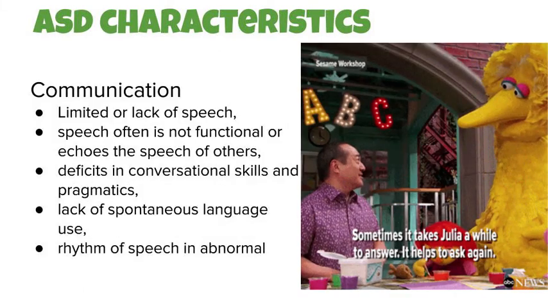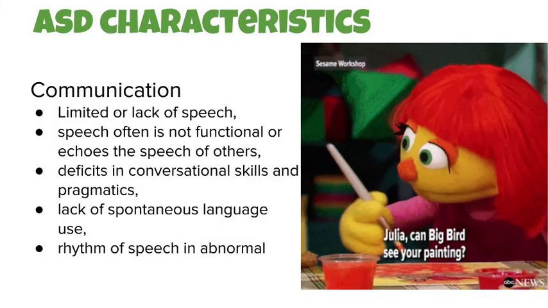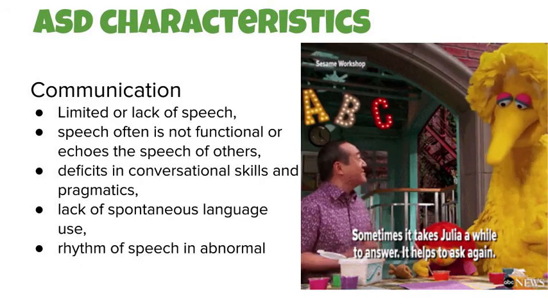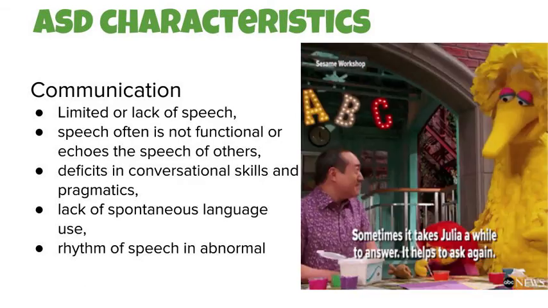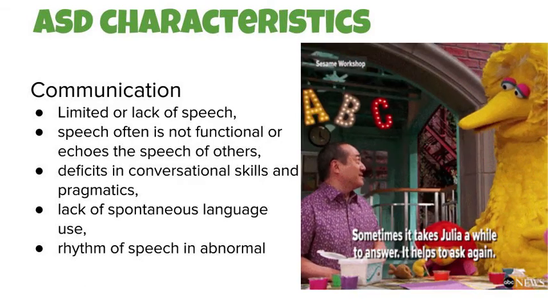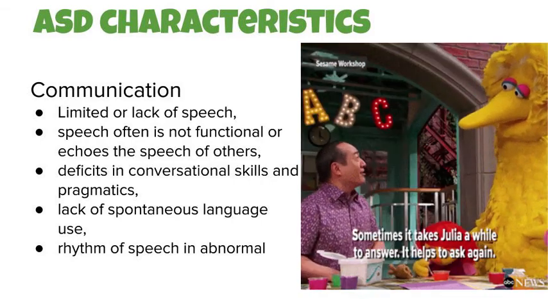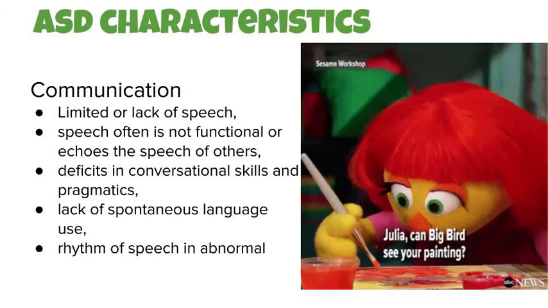We also look at communication symptoms. Now, this means a limited or a lack of speech, speech that may not be functional or that echoes the speech of others, deficits in conversational skills and pragmatics, a lack of spontaneous language use, or the rhythm of speech may be abnormal.